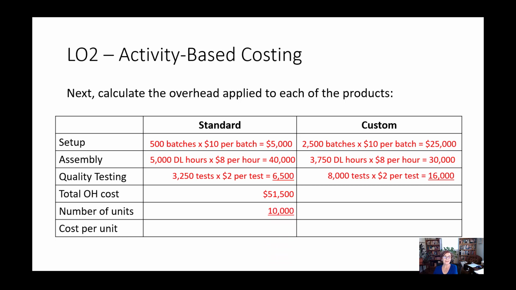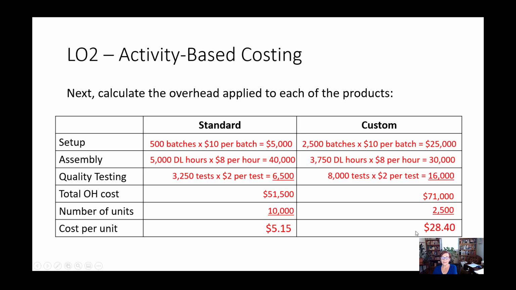We're producing 10,000 units of standard, so our cost per unit turns out to be $5.15, dividing 51.5 by 10,000 to get our cost per unit. Now for custom, our total cost is $71,000, and we are making 2,500 units of the custom. So that gives us a cost of $28.40.